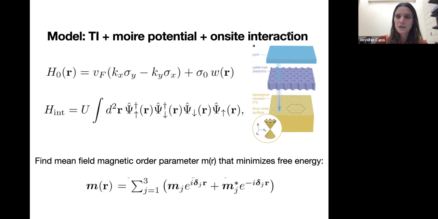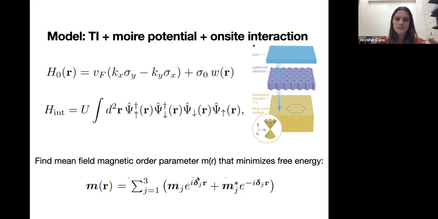And then we can consider what happens now if we have just some on-site Coulomb interaction, which we've written as H int here. We can then use mean field theory to look at the magnetic order parameter that minimizes the free energy. And I just want to emphasize that this magnetic order parameter is actually in kind of a 9-dimensional space, because it itself is a vector, so it has x, y, z components.